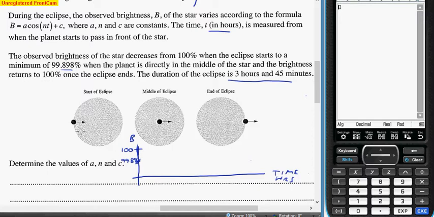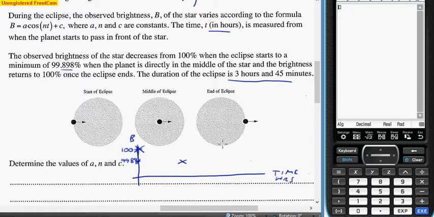At the start, the brightness is 100%, so that is the first point on our graph. In the middle, we're at the minimum brightness, in line with the 99.898, and at the end it returns to 100%.